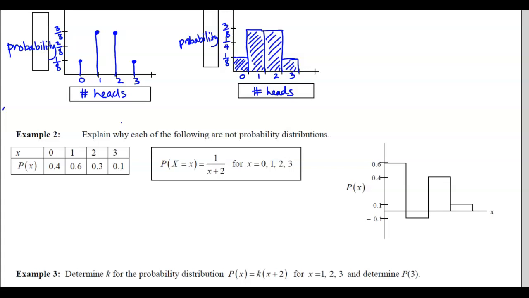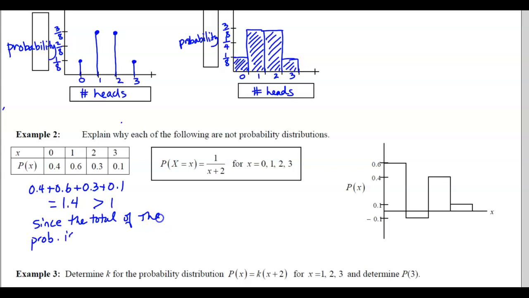Not more than 1, not less than 1. So if we add these, we get 1.4, which is greater than 1. Since the total of the probabilities is greater than 1, it is not a probability distribution.